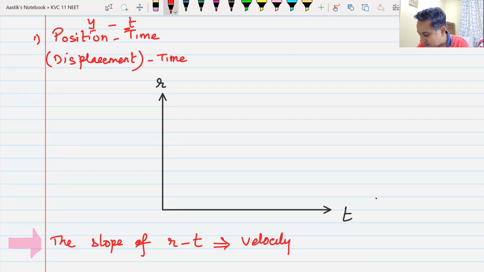Do we understand this? If the slope of this graph is positive, that means the velocity is positive. If the slope is negative, the velocity is negative. If the slope is 0, the velocity of the particle is 0.